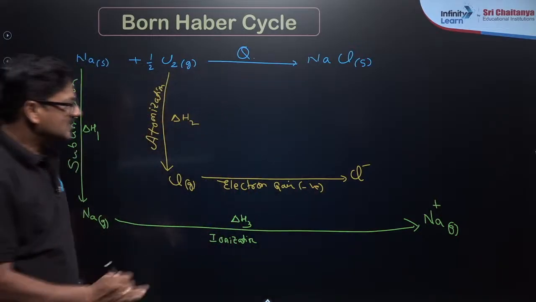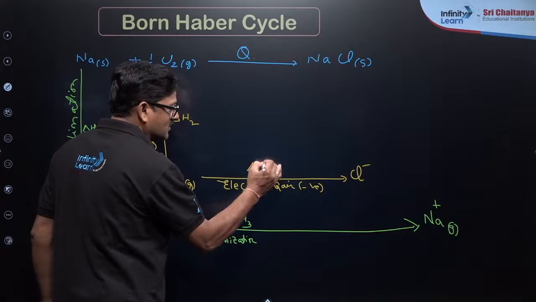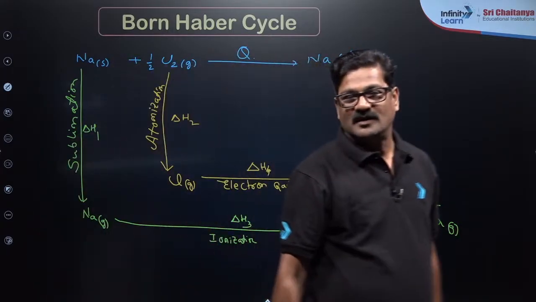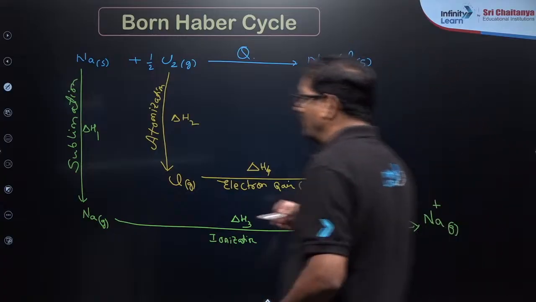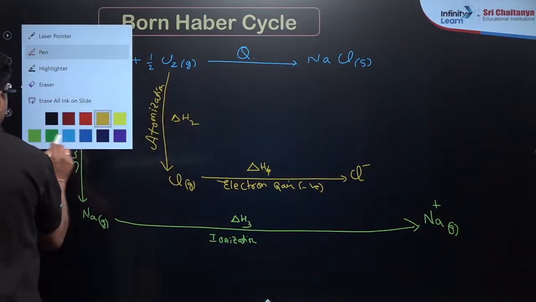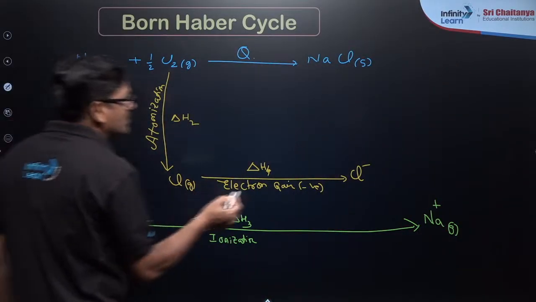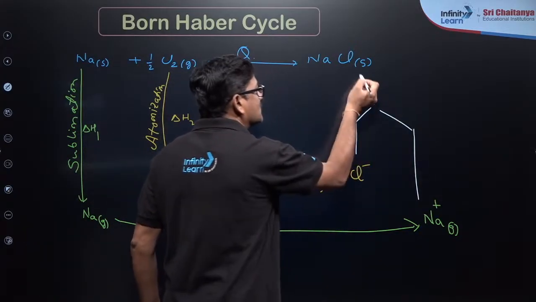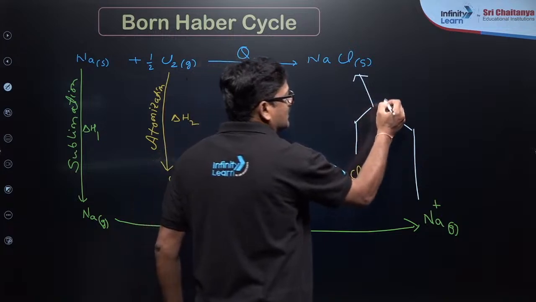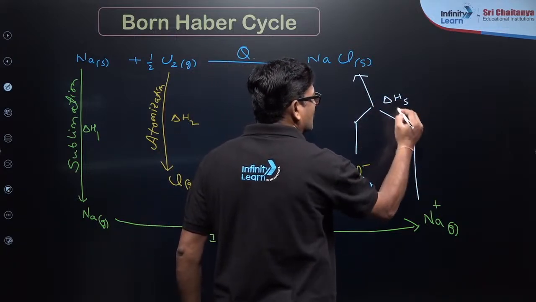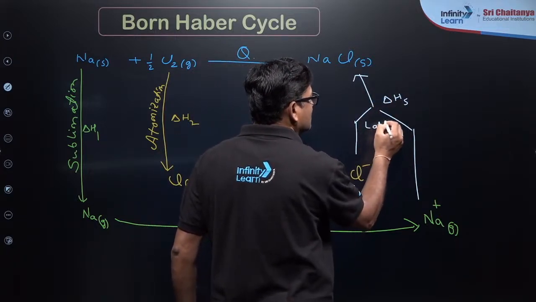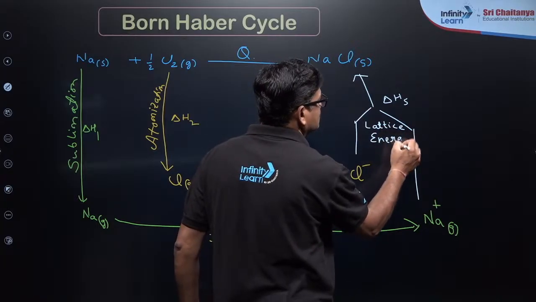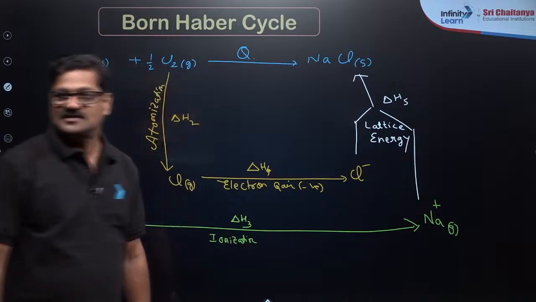This is called delta H4, right? And these two are now ready to form sodium chloride crystal. So this is called delta H5. That is called lattice formation, that is called lattice energy.